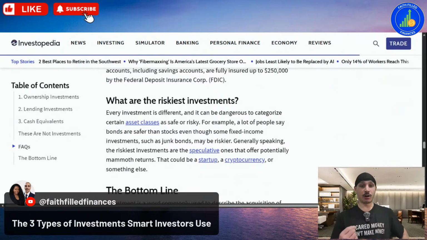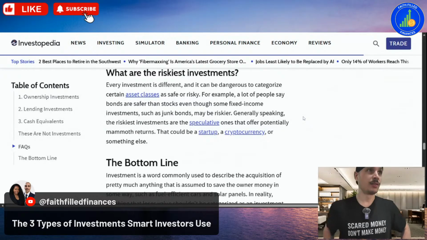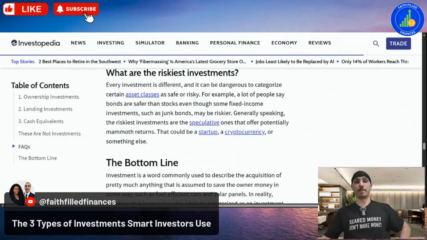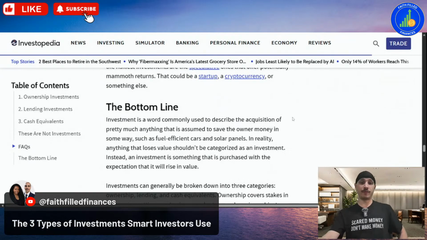That could be a startup, a cryptocurrency, or something else. The higher the risk, the higher the reward. I'm paraphrasing.